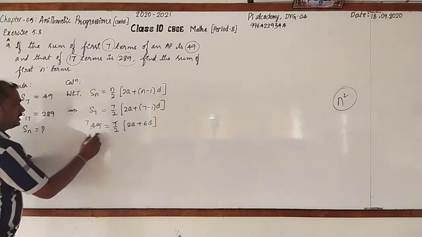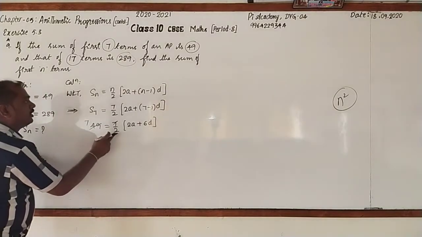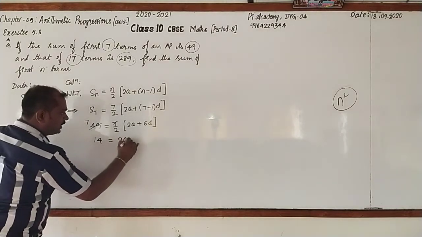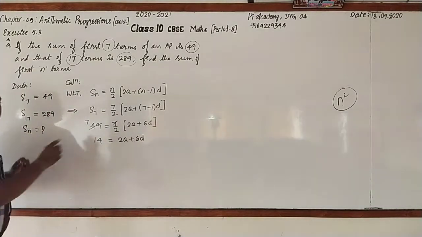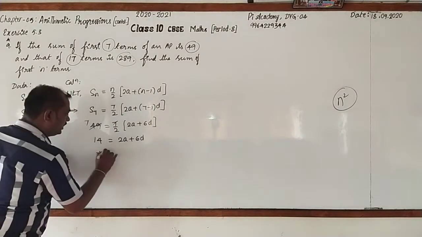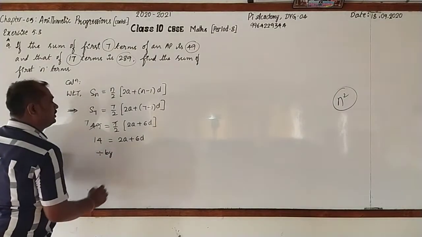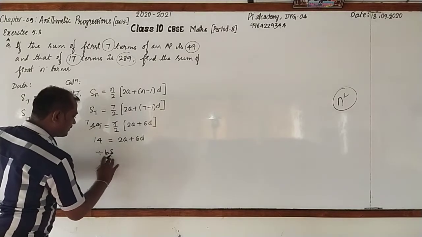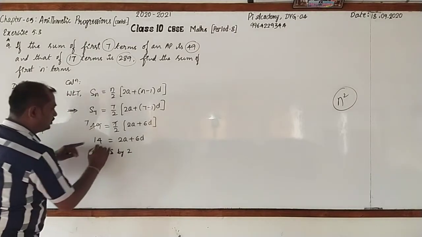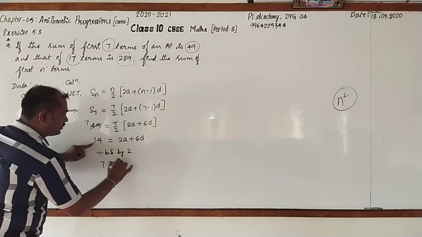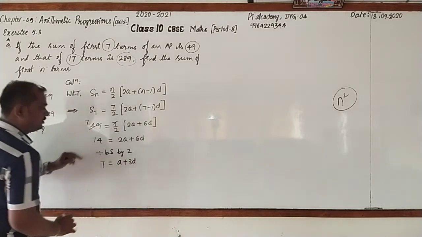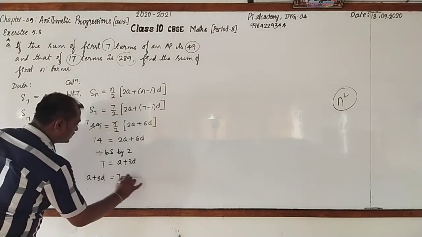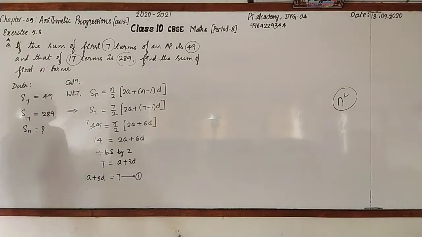Next, cross multiply. 7 twos are 14 is equal to 2a plus 6d. All the terms are even. You can divide both sides by 2. It will be 7 is equal to a plus 3d. So a plus 3d is equal to 7. Call it equation 1.